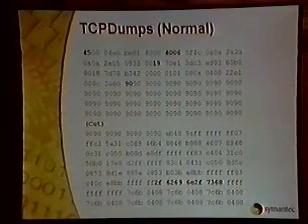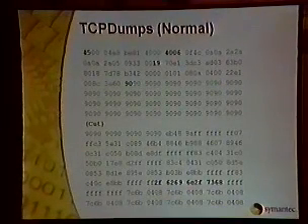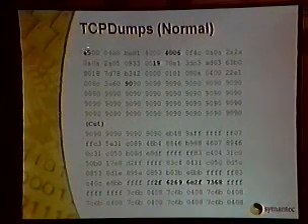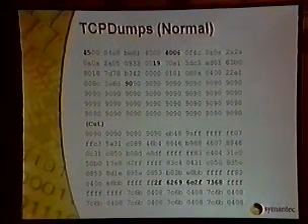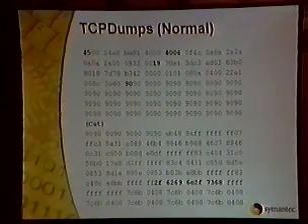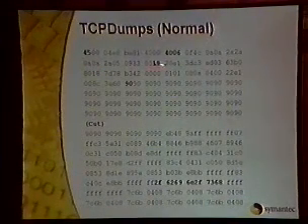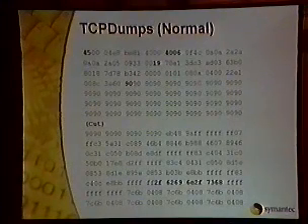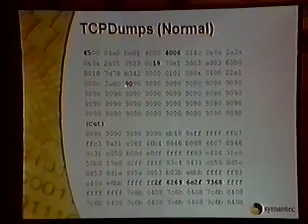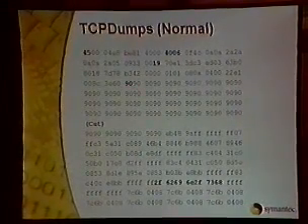Here is a TCP dump of an SMTP exploit. As we see here, we know it's IP, and we know it's 20 bytes long. I know it's TCP here, and I know it's headed for port 25. And here are our no-ops.